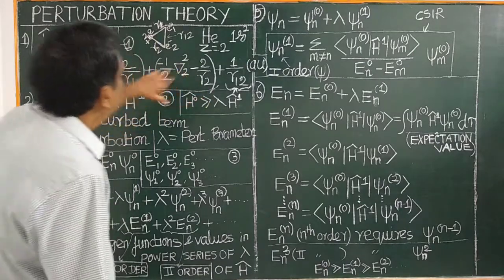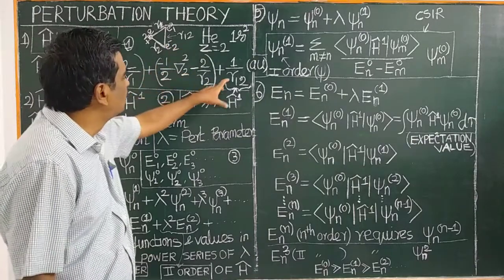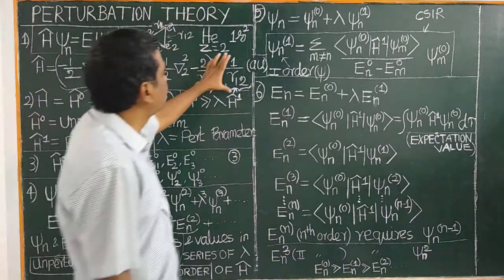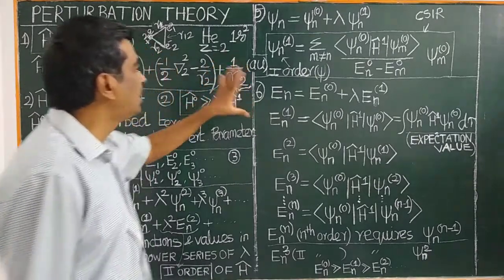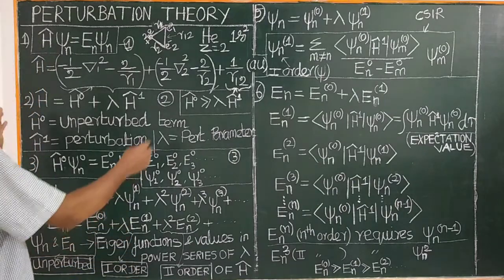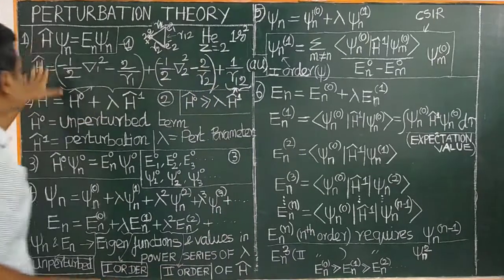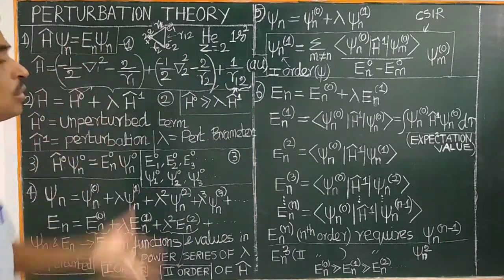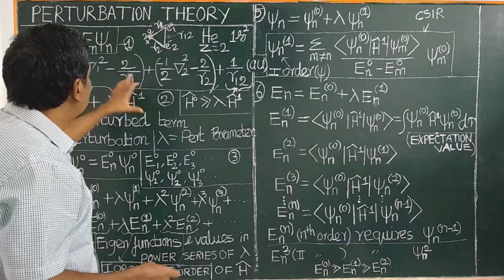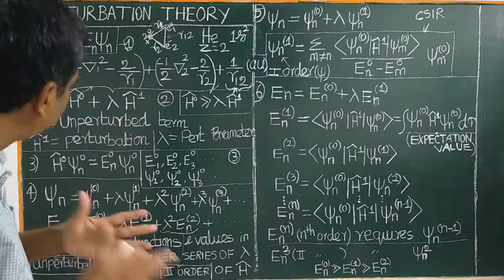The second term corresponds to the Hamiltonian operator of electron 2. The third term is called the interelectronic repulsion term. Because of this term, the Schrödinger wave equation cannot be solved exactly, because it cannot be split into two one-electron wave equations.